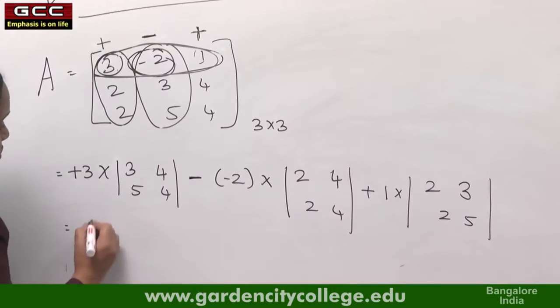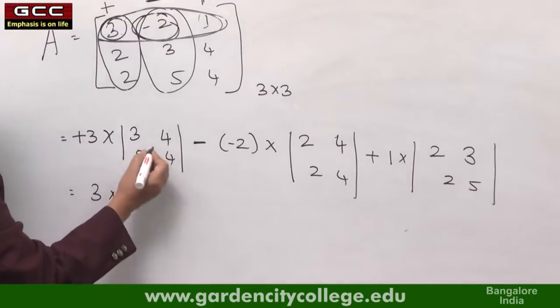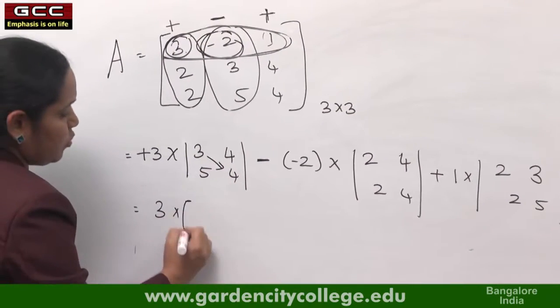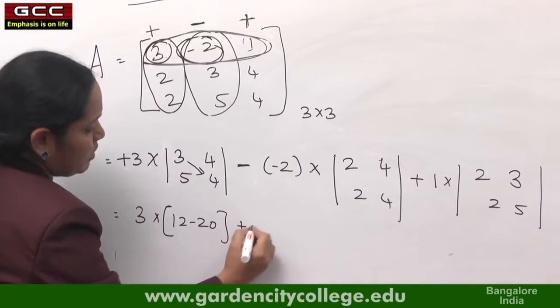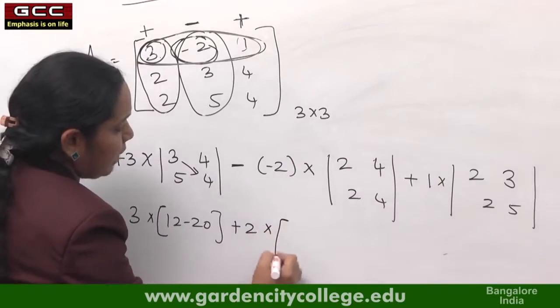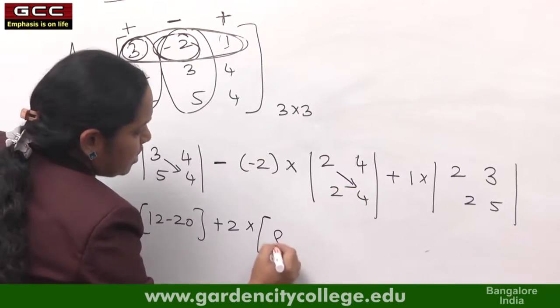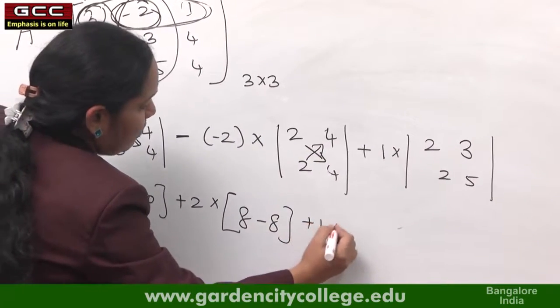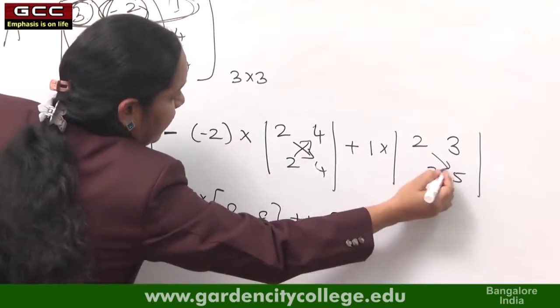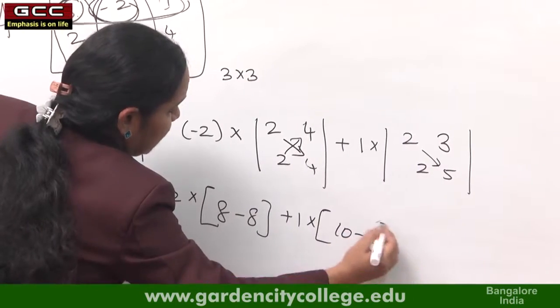So which is equal to 3 multiplied by, find the determinant, this is 12 minus 20, minus of minus 2 becomes positive 2 multiplied by 8 minus 8 plus 1 multiplied by 10 minus 6.